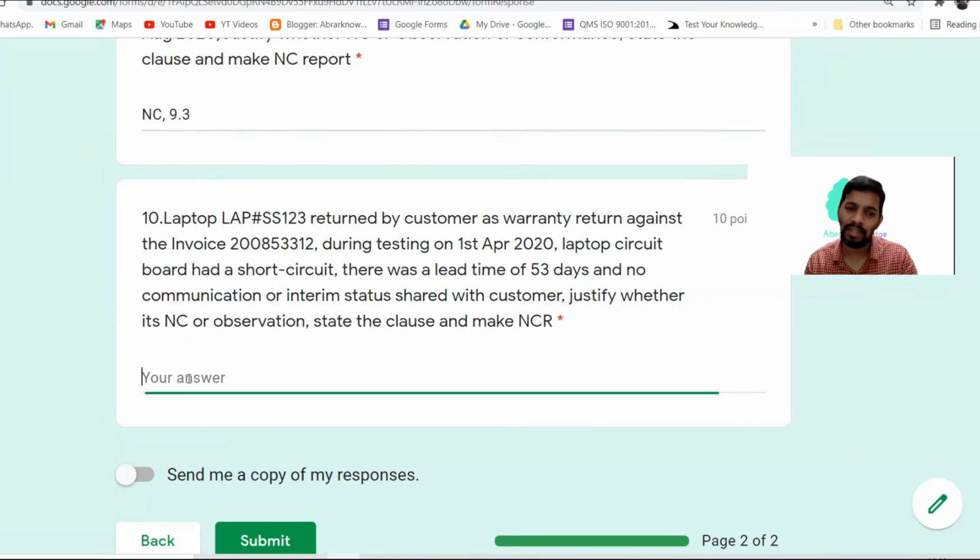First, this is actually about preservation of the product, right? It's a clear NC. Why? Because they should have communicated back to the customer. And what is the class number? 8.5.3. Why 8.5.3? Let's see.